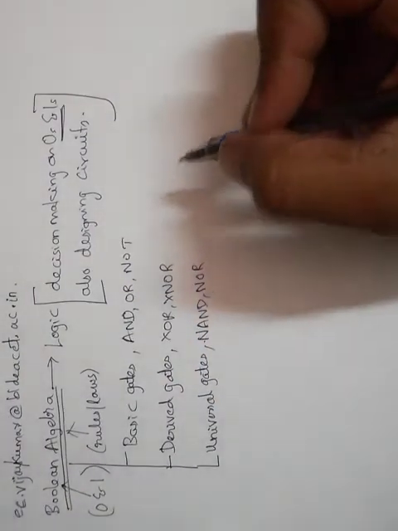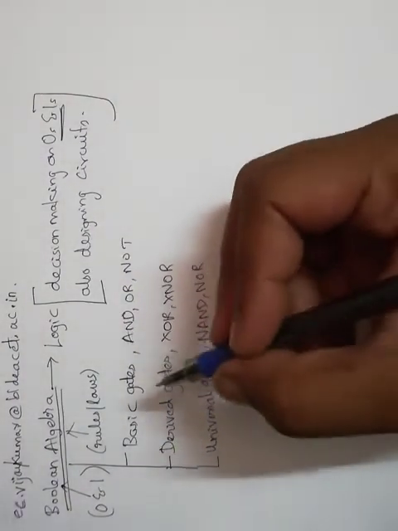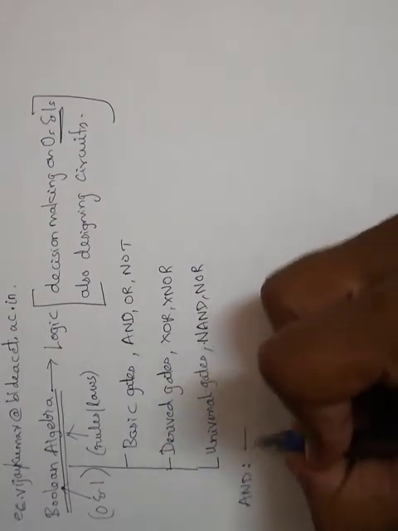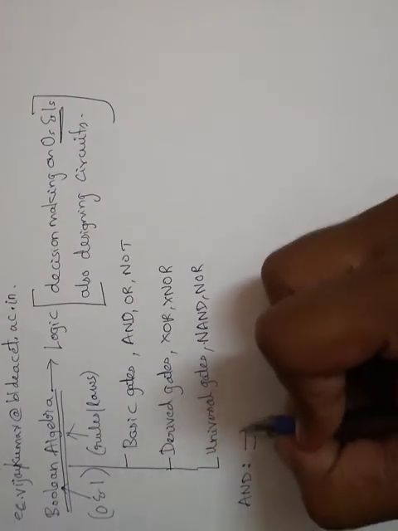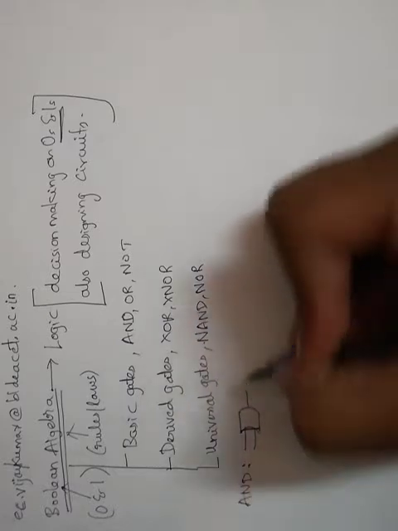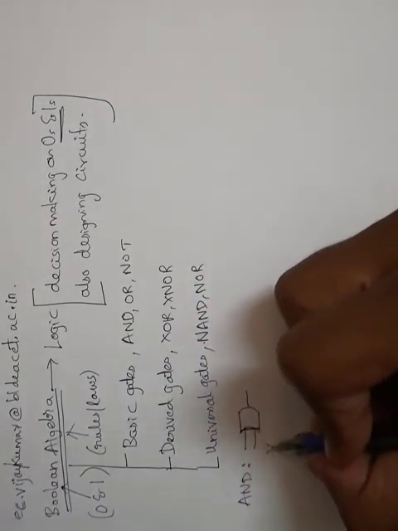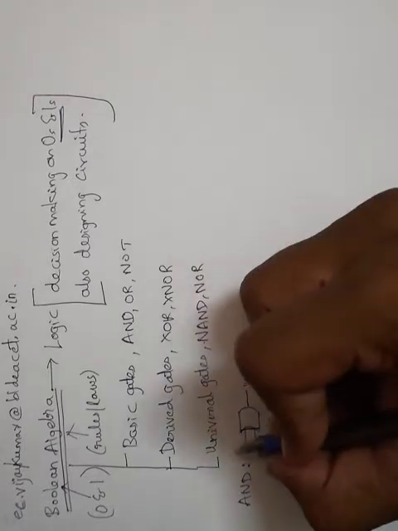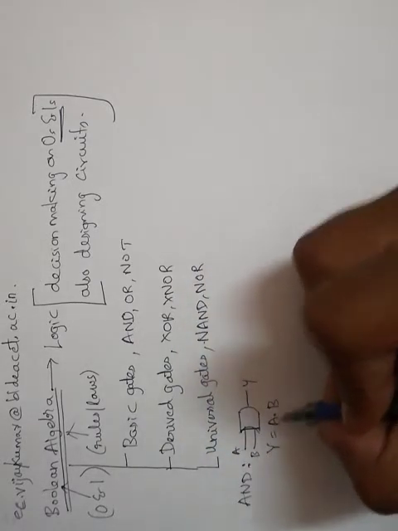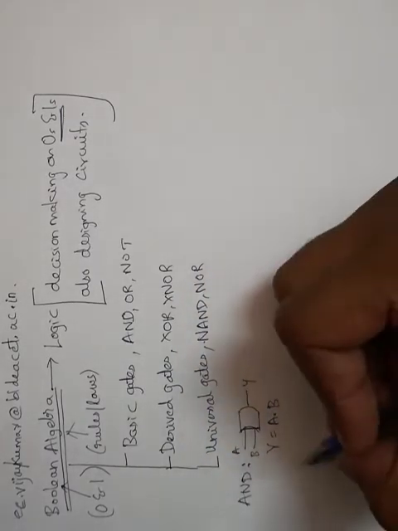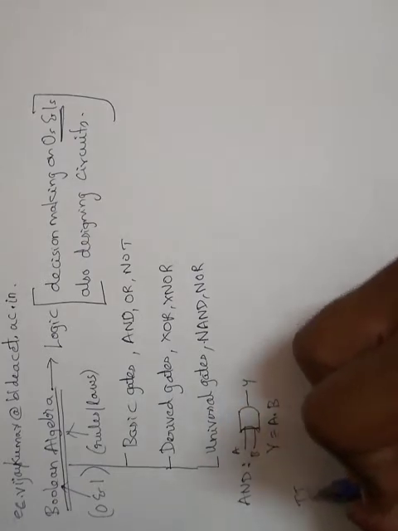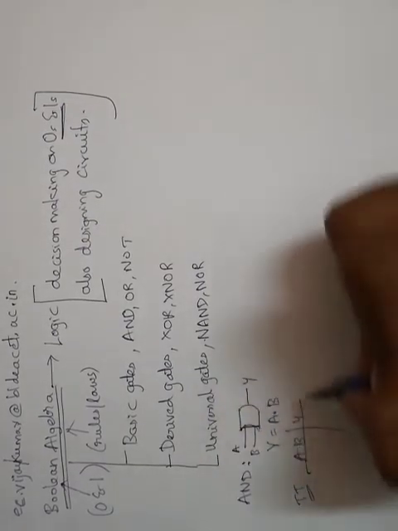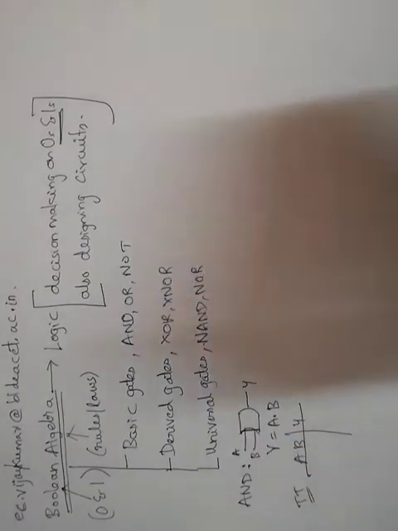We'll start with our first gate, the AND gate. This is the symbol. Say y equals A and B, indicated by the dot symbol. The truth table, I'll write in short as TT. A truth table indicates the possible values and the results.